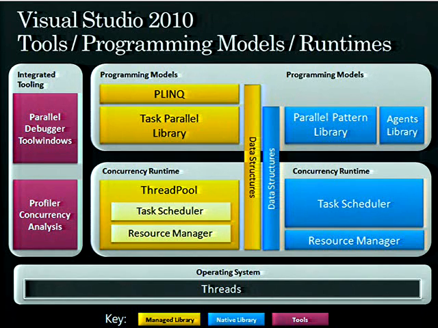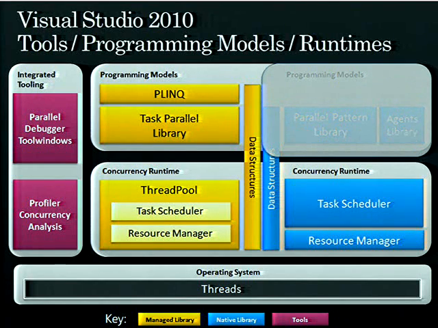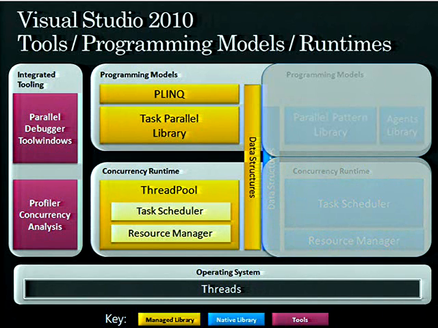In particular, I'm not going to be touching any of the native APIs we're offering for parallel programming. There are equivalent native APIs to the managed that I'm going to show you here. And Rick Molloy covered those in his session on Monday. You can watch that recording online if you didn't get to attend the session. I'm also not going to be covering the native engine, the concurrency runtime that sits under those native APIs, because Nicholas Gustafsson will be covering those later on today, if you're interested in that.